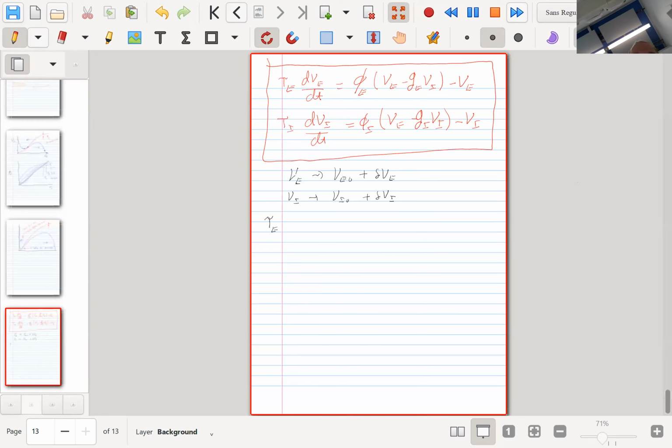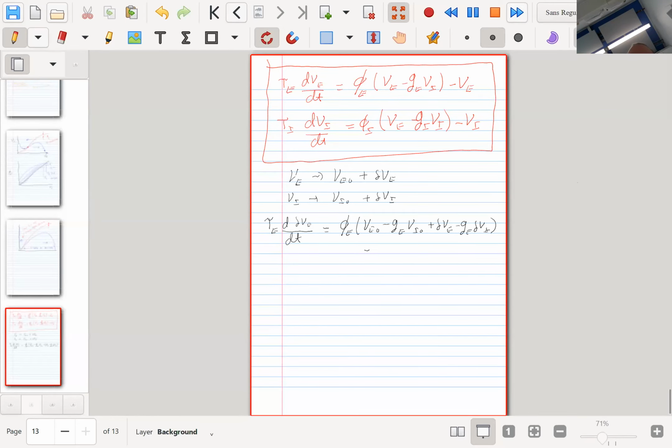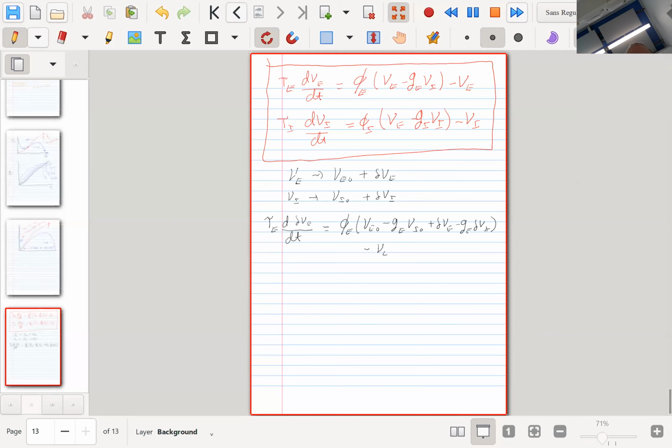So tau E d delta nu E dt equals phi E of nu E0 minus GE nu I0 plus delta nu E minus GE delta nu I, minus nu E0 minus delta nu E, where nu E0 and nu I0 are the fixed point.